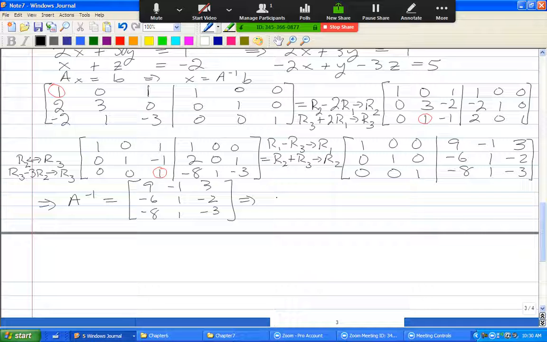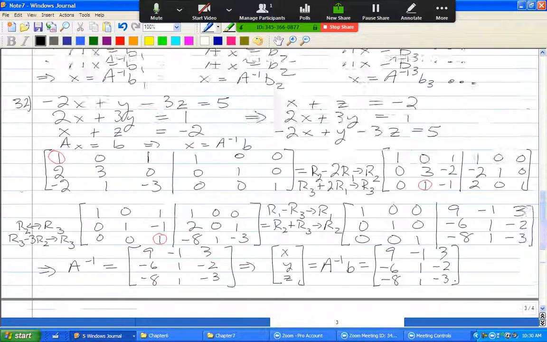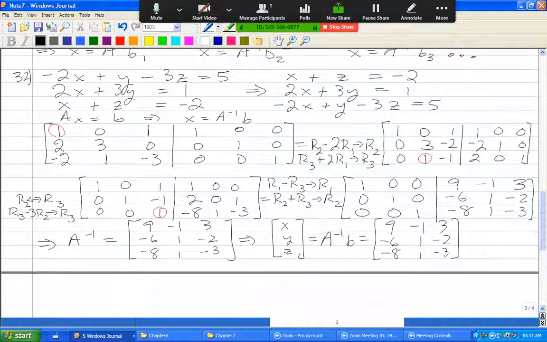And so my solution is just A inverse B. So 9, negative 6, negative 8, negative 1, 1, 1, 3, negative 2, negative 3, times, in this case, negative 2, 1, 5.